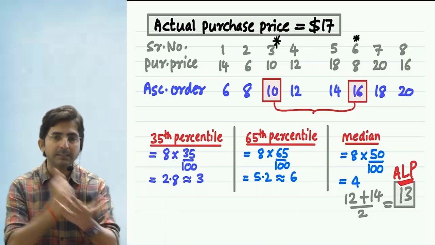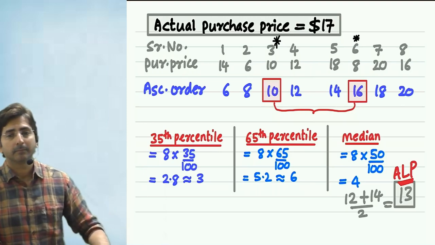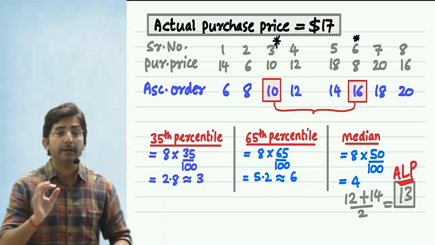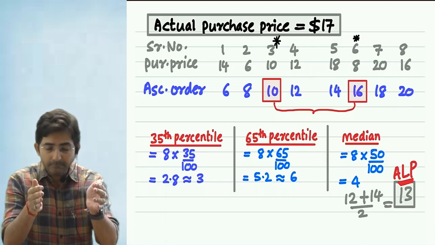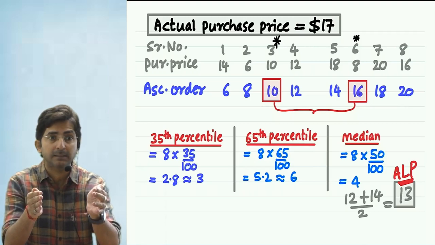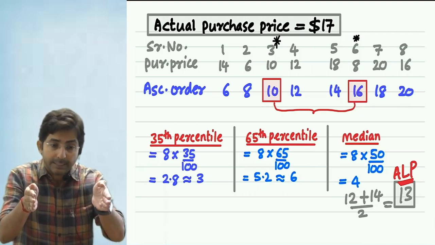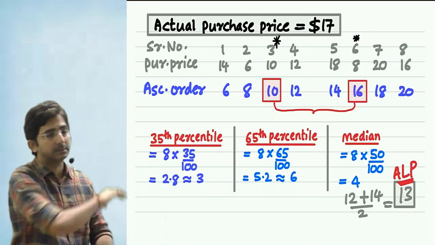Yes, our price is genuine. Then there is no need to calculate median. Median you have to calculate if you don't find that 17 within the range. Then we feel that 17 is not a proper price. Then we have to find the center of this. And median is the central most price.